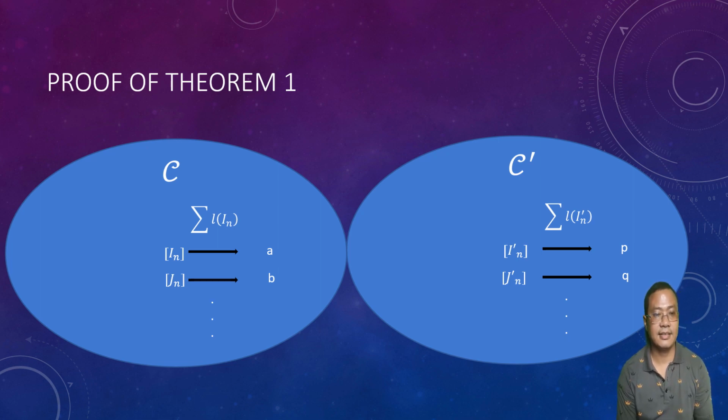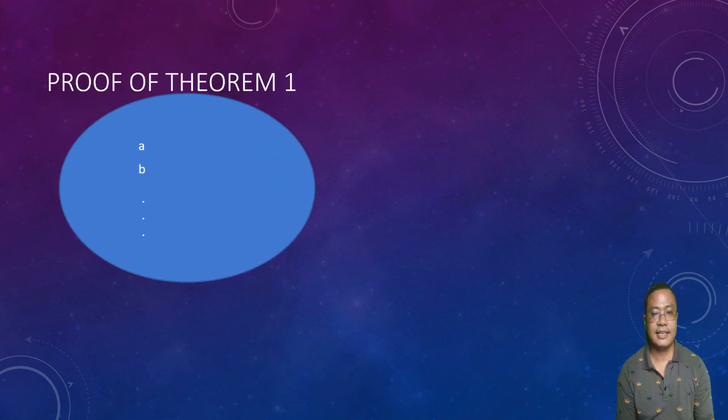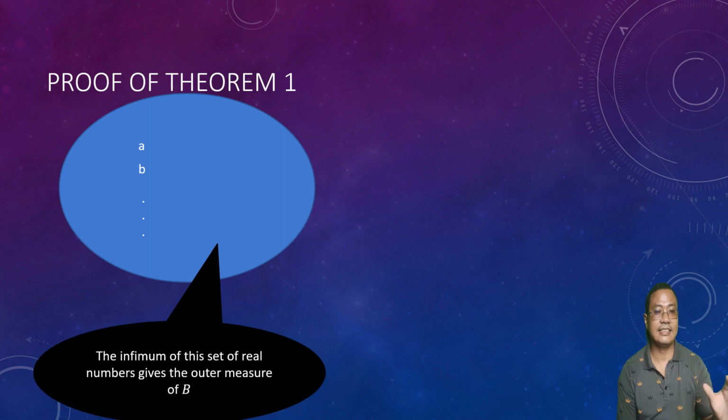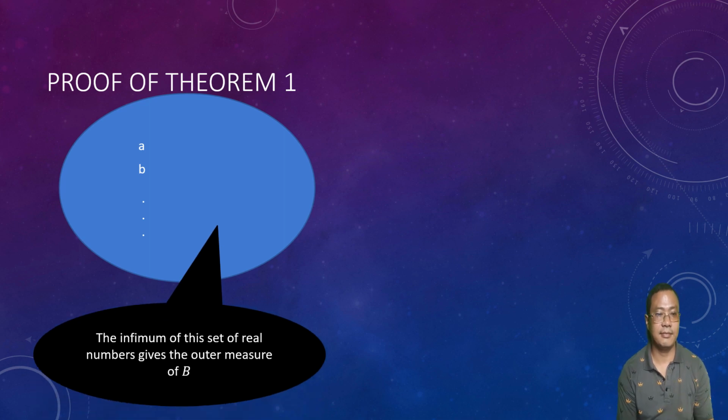Okay, so from C prime, again, C prime consists of additional covers of A. So cover In prime will also give a real number P, cover Jn prime will also give a real number Q. Okay, so like that. So the collection C will give you a set of real numbers. From that set of real numbers you are going to take the infimum.